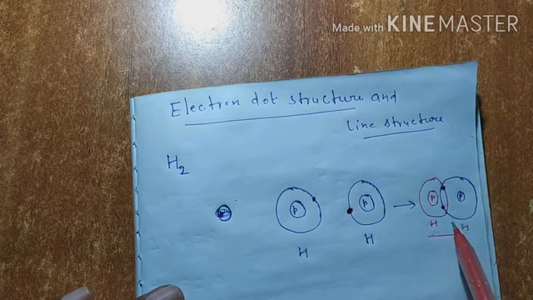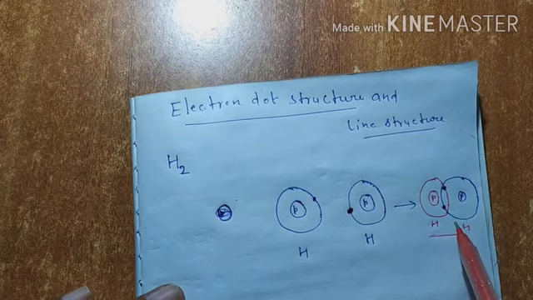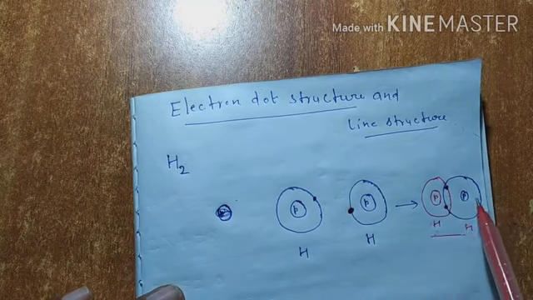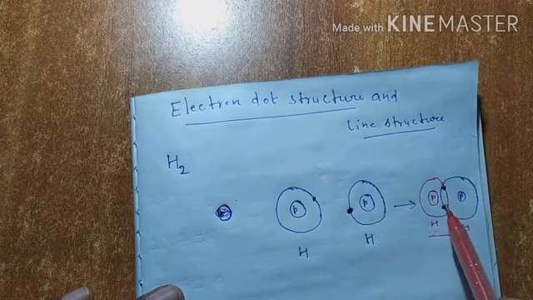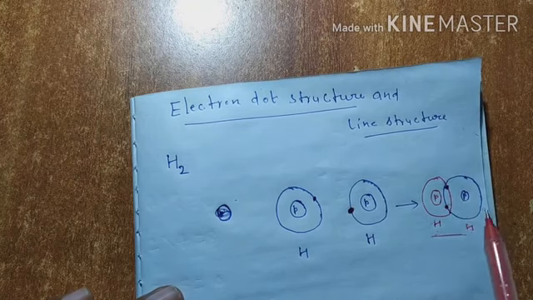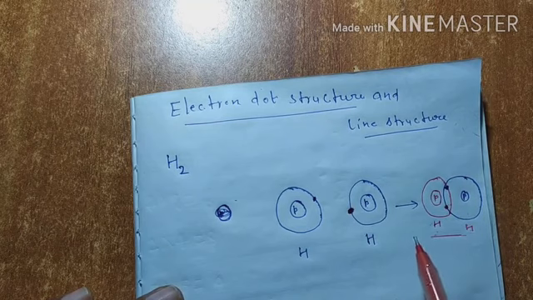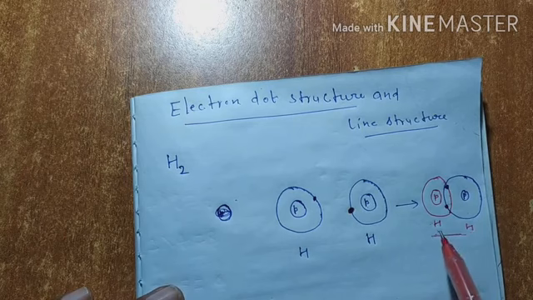This is the electron dot structure. So in one covalent bond, in one single bond, there are 2 electrons. Every point I am telling you is important, because I will increase the difficulty level gradually. So I am telling you the basic facts.